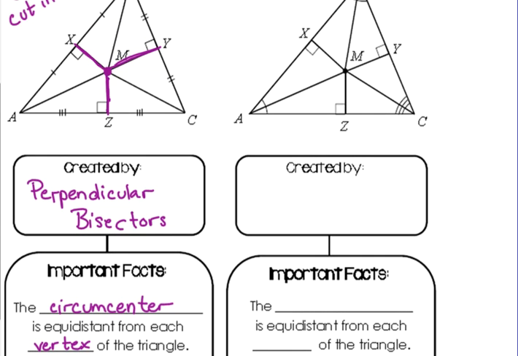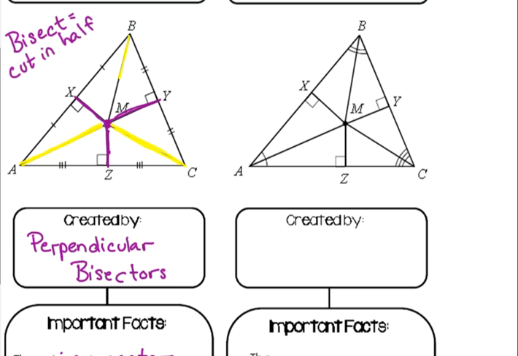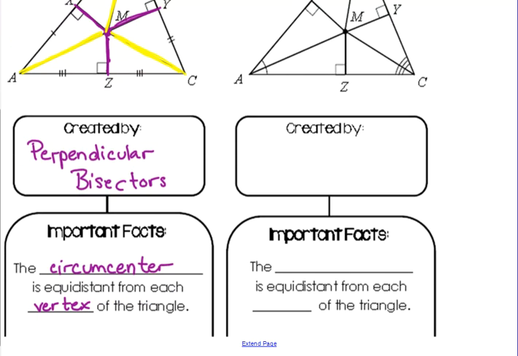If we look at it, AM right here, this segment, CM and BM are all the same length. Hopefully you can kind of see that they look like they're the same length there. Okay, AM equals BM, which equals CM.